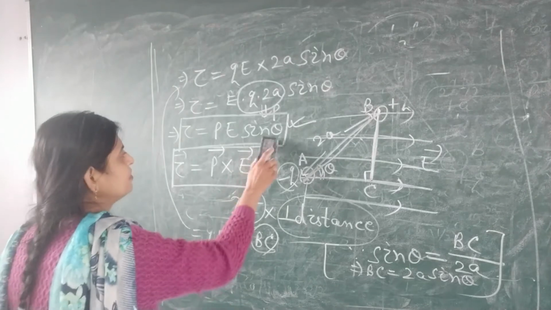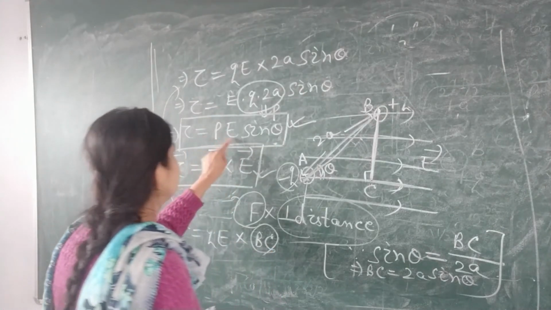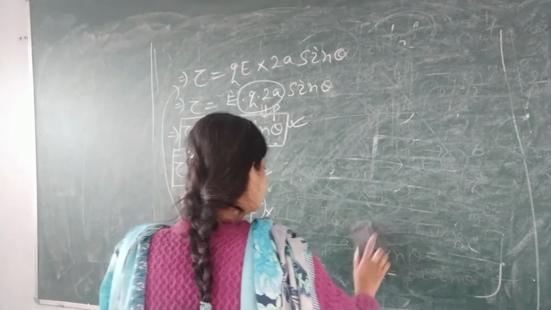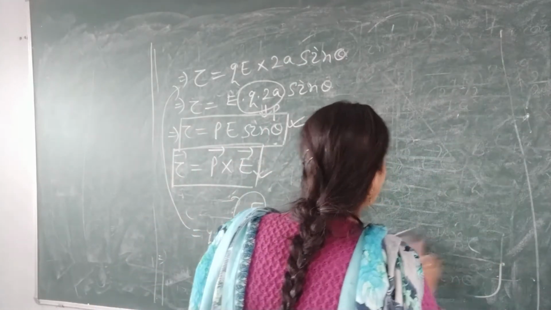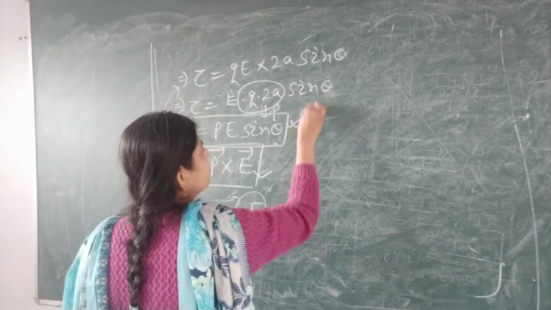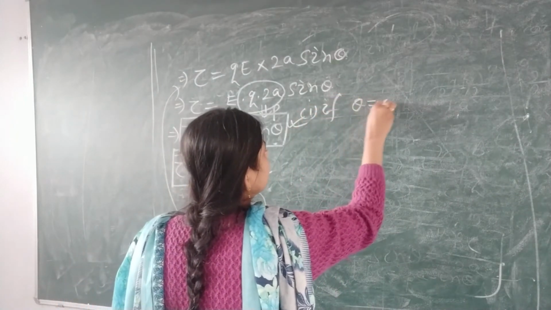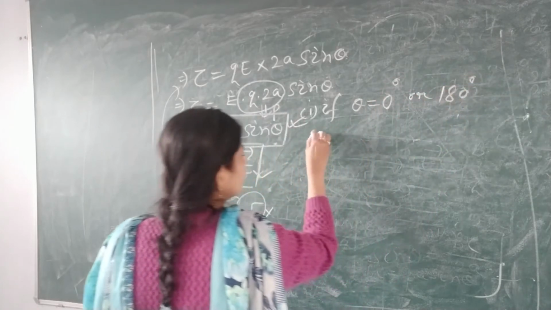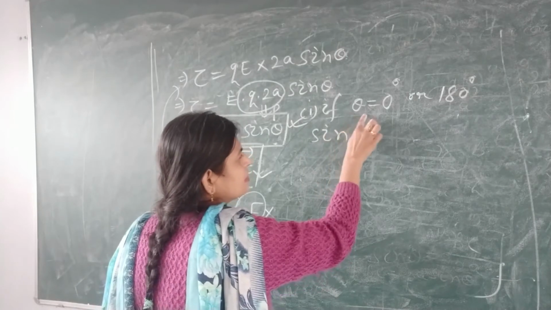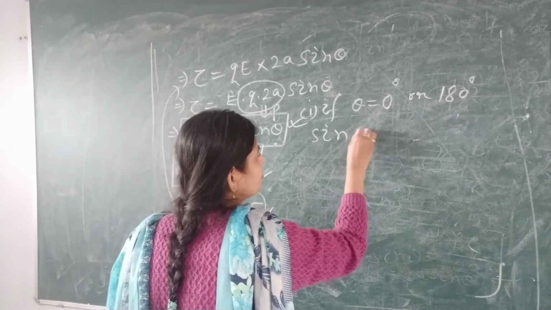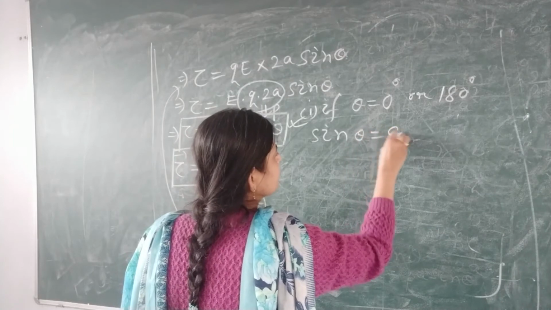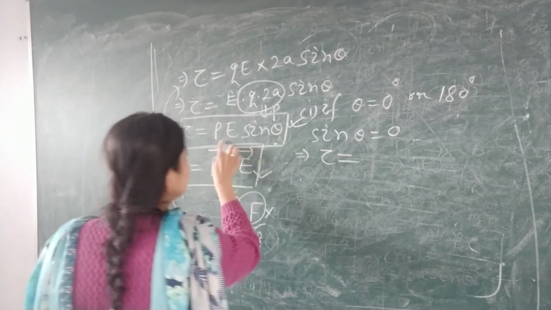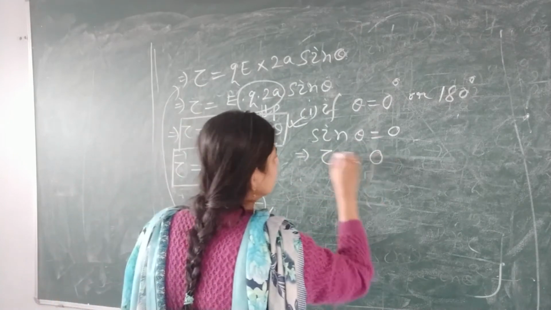Now from this expression, tau is equal to PE sin theta, you can find out in which case the torque will be maximum or minimum. If theta is equal to 0 degree or 180 degree, then because sin 0 and sin 180 both are 0, at that time torque will be PE into 0, that is equal to 0.